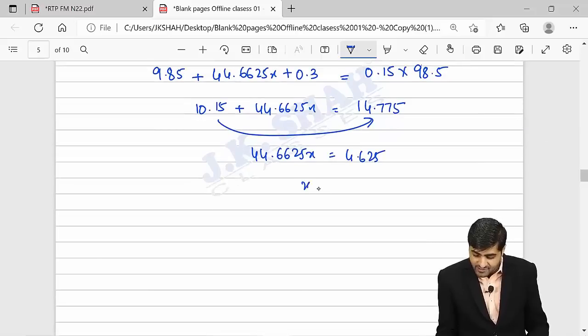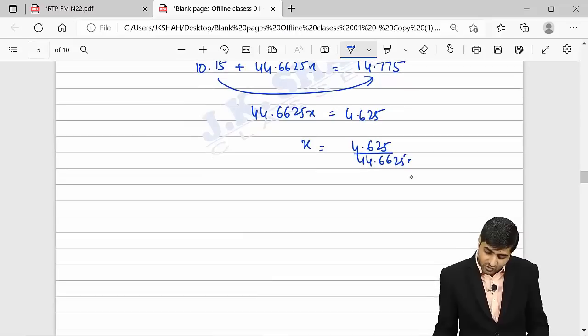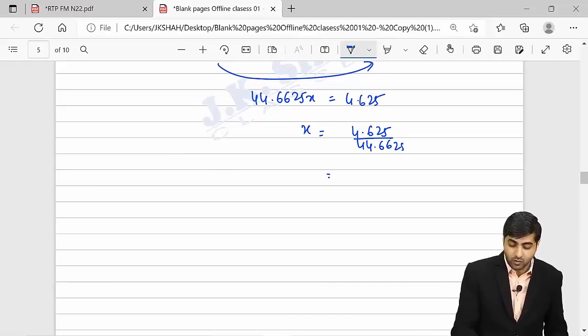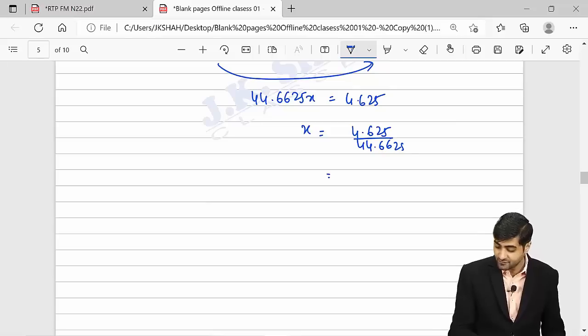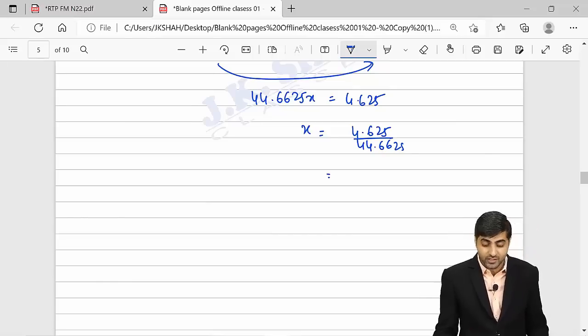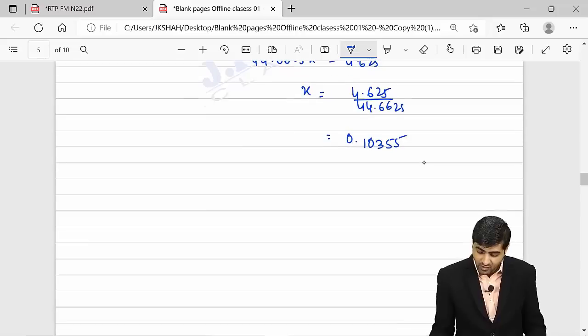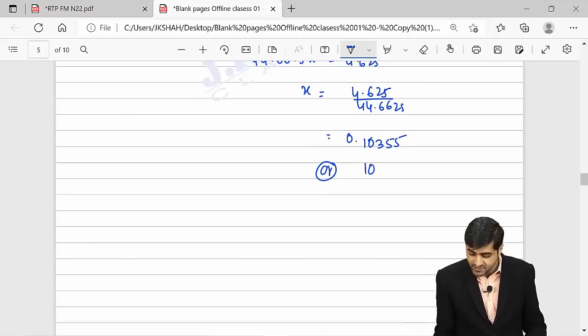And eventually guys, if you want to find out x, this will be 4.625, which will divide by 44.6625, which will be eventually 0.10355, or I can write down this as 10.36%.